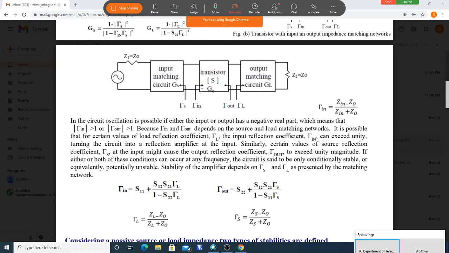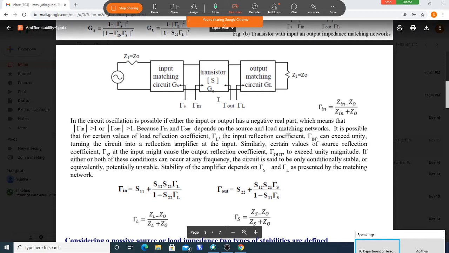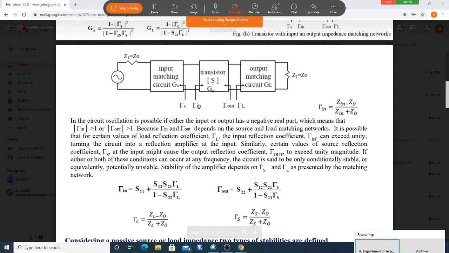So the total VR is greater than VI. So automatically tau in becomes greater than 1. If tau in becomes greater than 1, it may repeat like that. It goes on increasing, again it will go and may reflect back. So tau in goes on increasing.